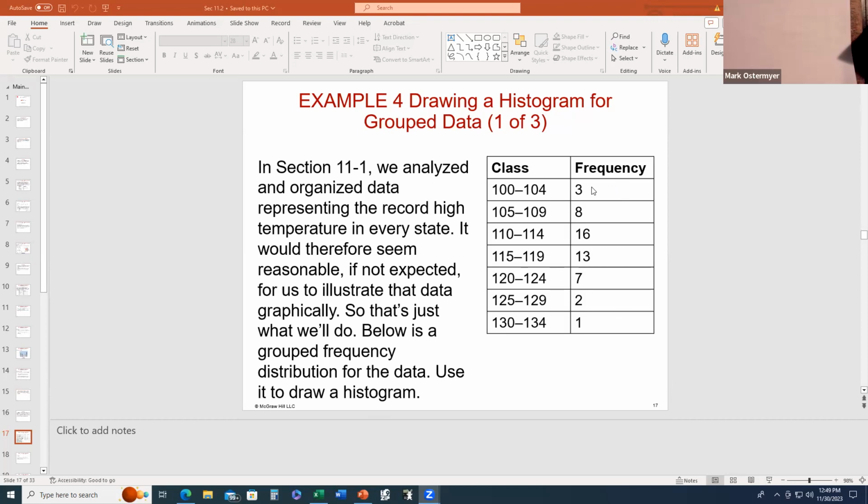And notice these frequencies should sum up to what? If these are record high temperatures in every state, well, how many states do we have in the union here? So what do these sum up to? How many states are there?